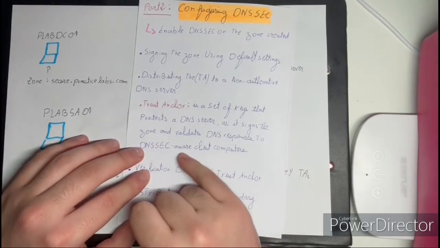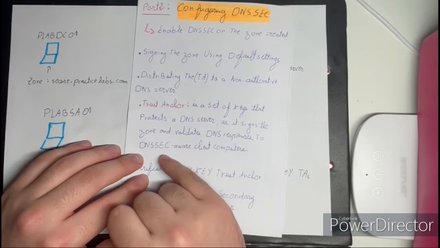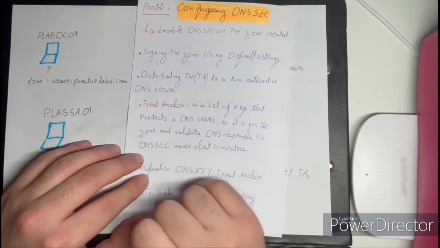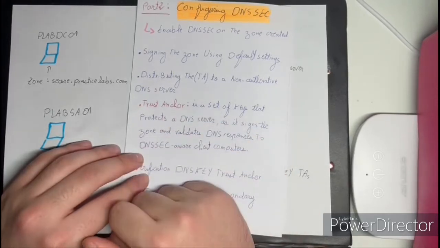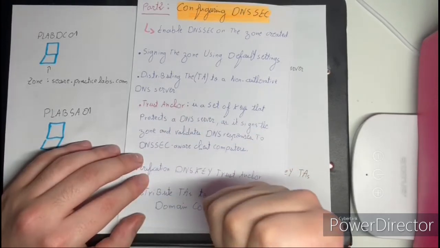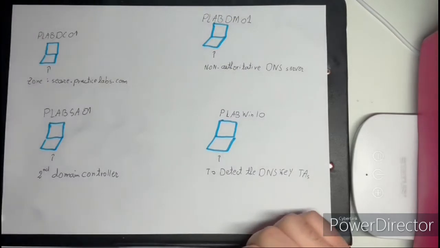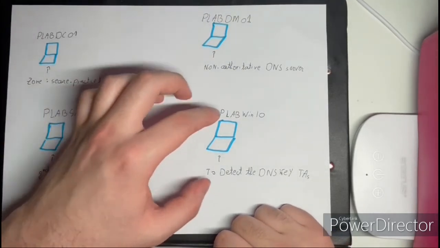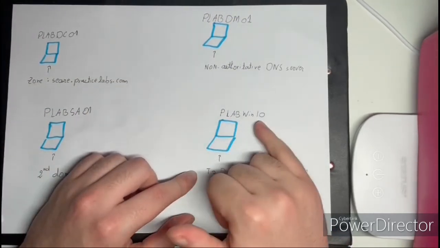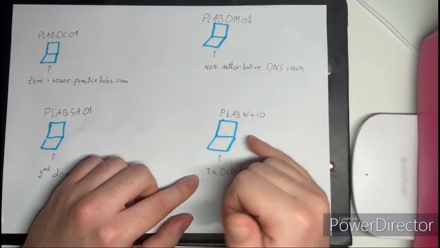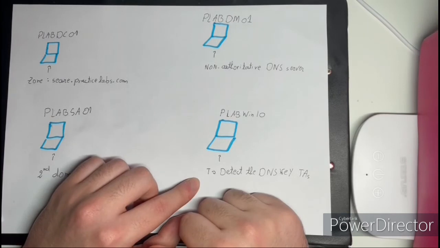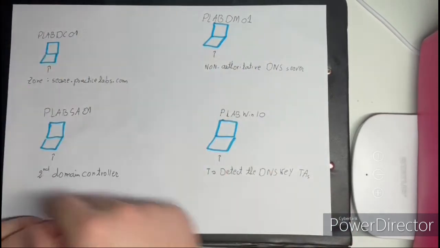As I mentioned earlier, you have to make sure that you understand what DNSSEC-aware clients are, such as Windows 8 and higher versions. In our case, it's going to be the Windows 10 installed within this computer, plugwin 10, to detect the DNS key of the trust anchors on the practice labs on the network.